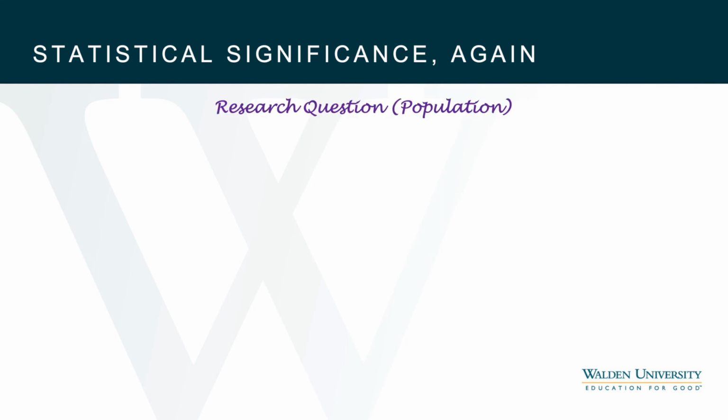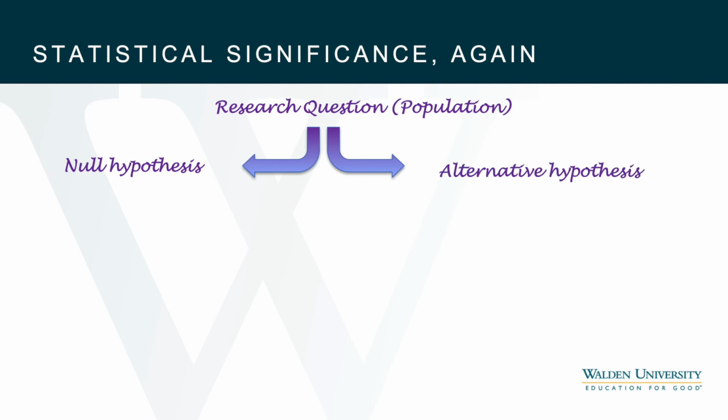Of course, we started with our research question to see if we can find differences for that group before we started therapy and after therapy, and we translated that question into two hypotheses. We're testing the null hypothesis.